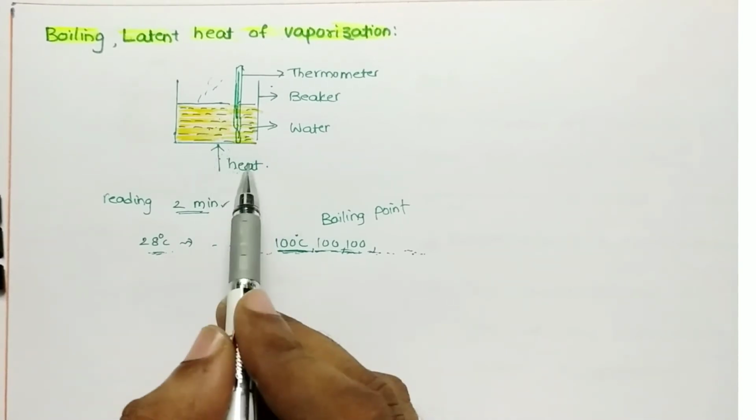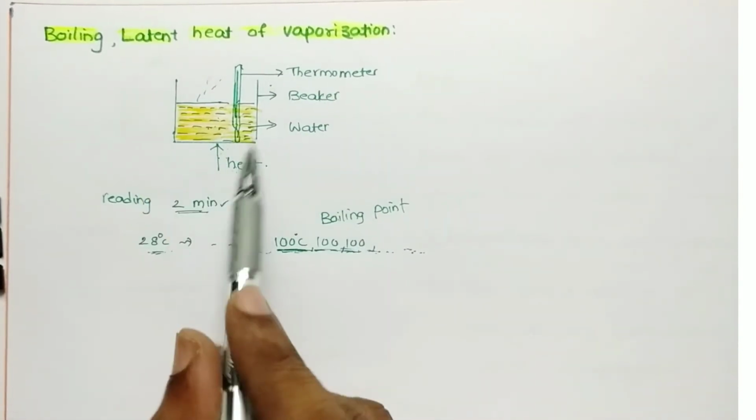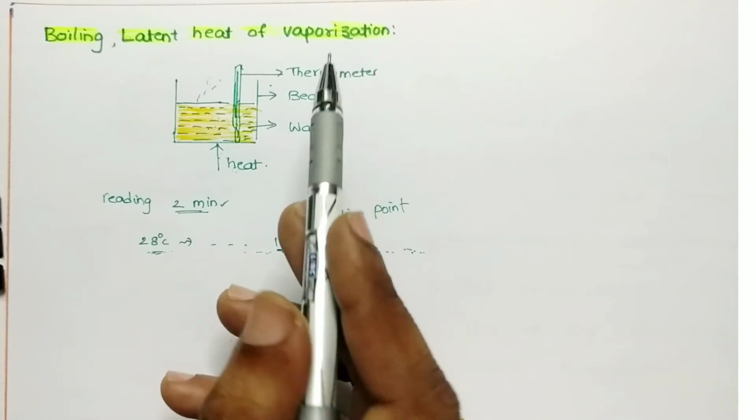So this heat quantity is called latent heat of vaporization.